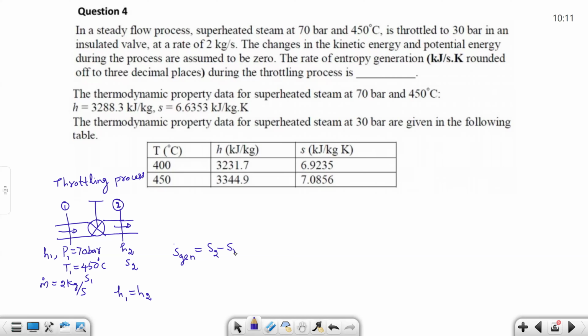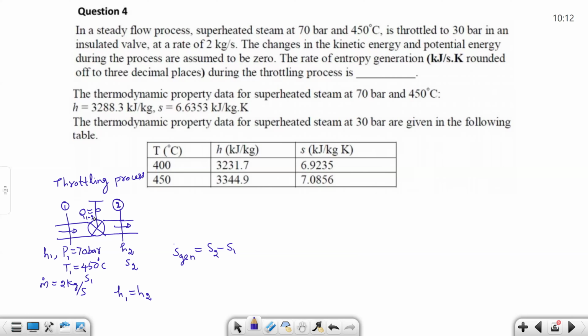And nothing is said that the heat will be going out. So there is no heat loss. Maybe it is completely insulated. So heat transfer is 0 in process 1 to 2, because it is completely insulated. That means the entropy change happens only because of entropy generation due to irreversibility.